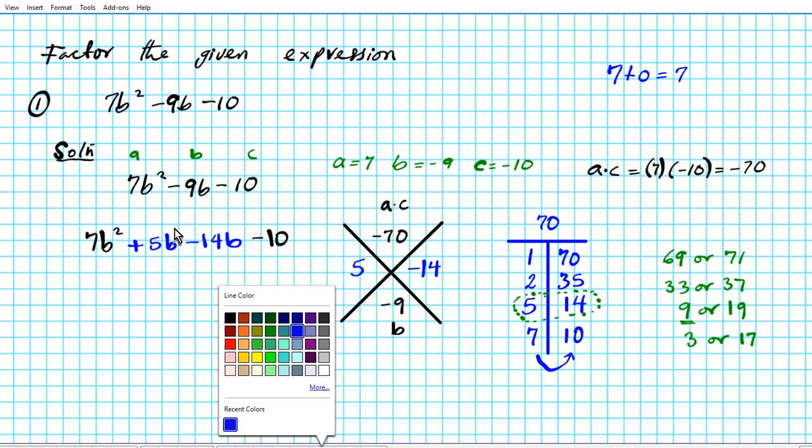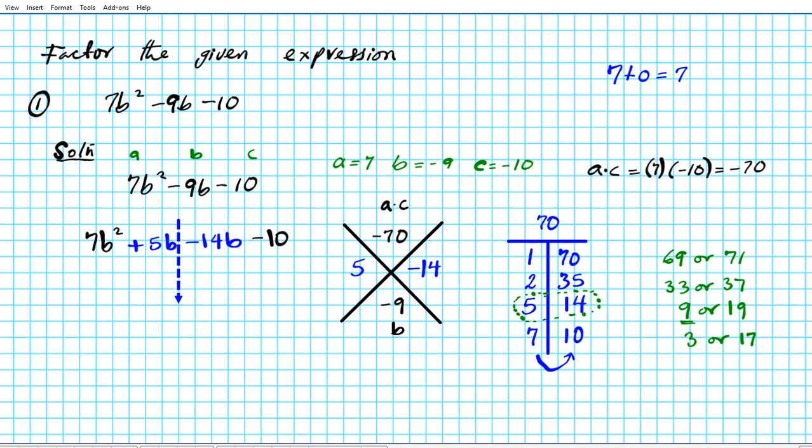So we're going to partition our quadratic with 4 terms down the center. We have two worlds: the first pair and the second pair. We're now going to factor by grouping. So let's decompose every term to make the factorization process easy. So we're going to have 7 times b times b, that's 7b squared, plus 5 times b.